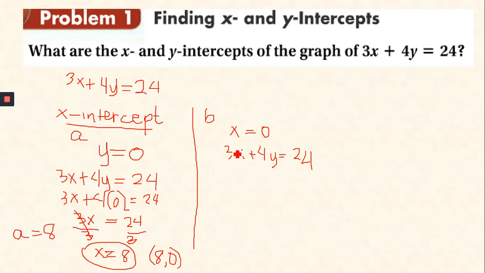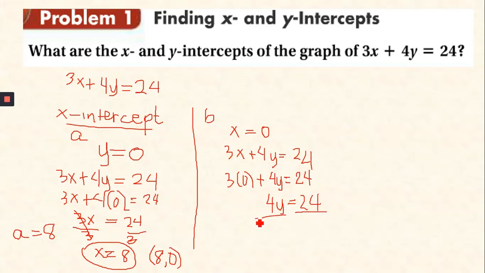Then you're just going to substitute the value of x, which is 0. So, 3 times 0, plus 4y equals 24. 3 times 0 is 0. No need to write it. So, you just have 4y is equal to 24.